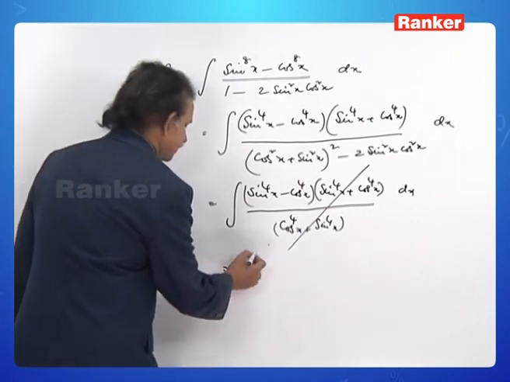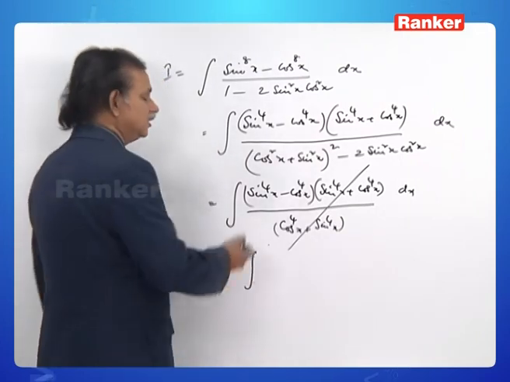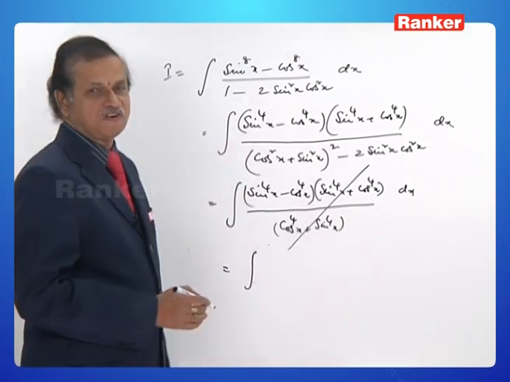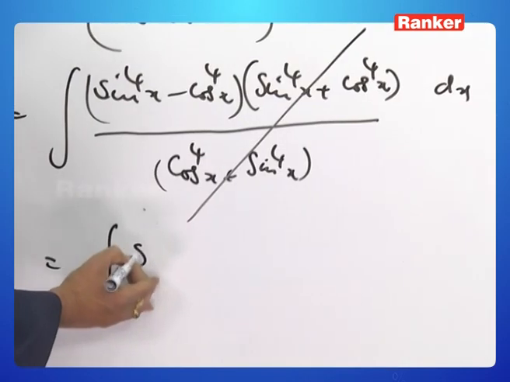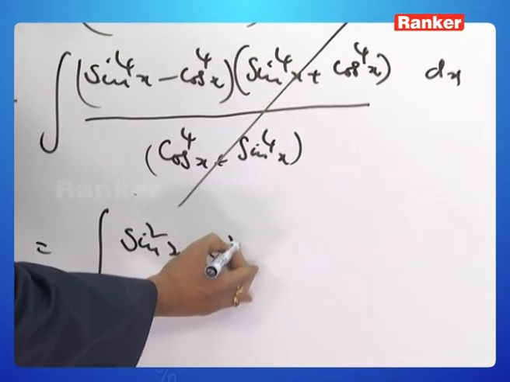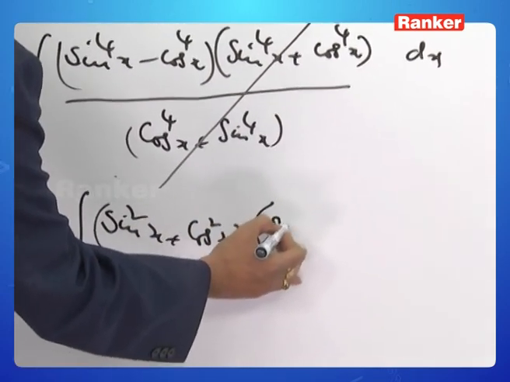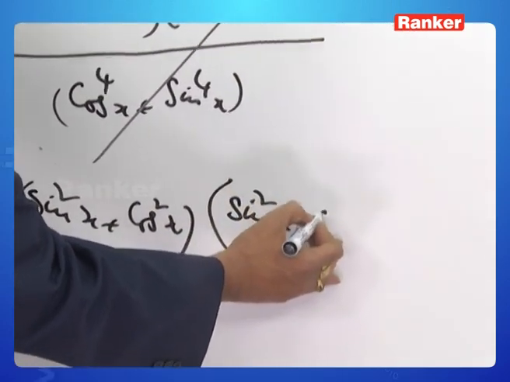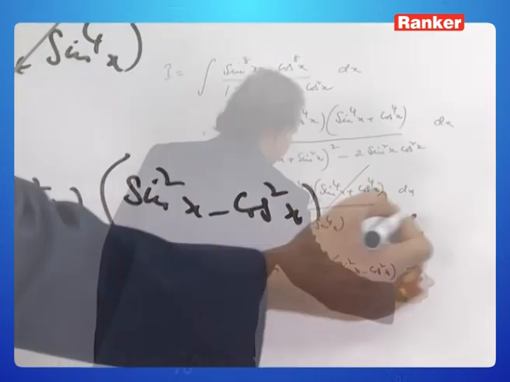What is sin power 4x minus cos power 4x? Just like the previous case, this can also be viewed in the form a square minus b square, so that it can be split into the form sin square x plus cos square x into sin square x minus cos square x dx.